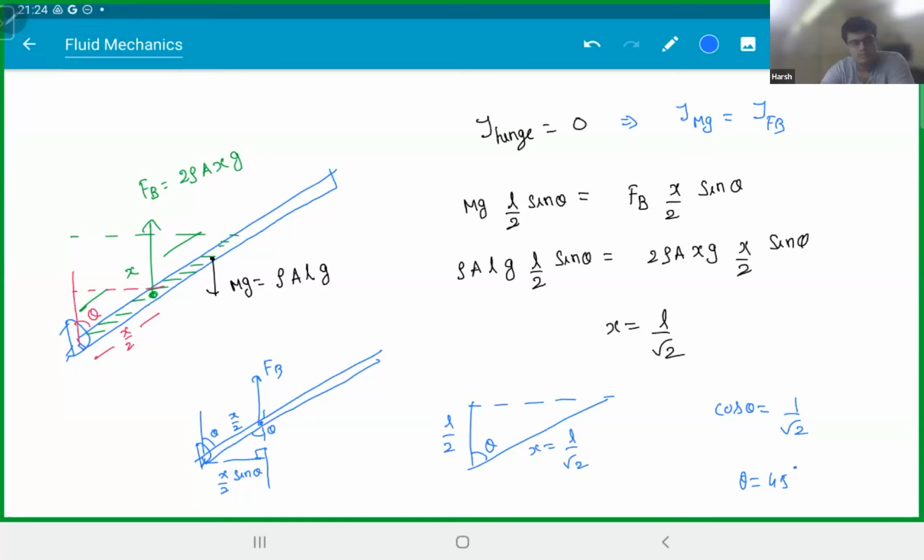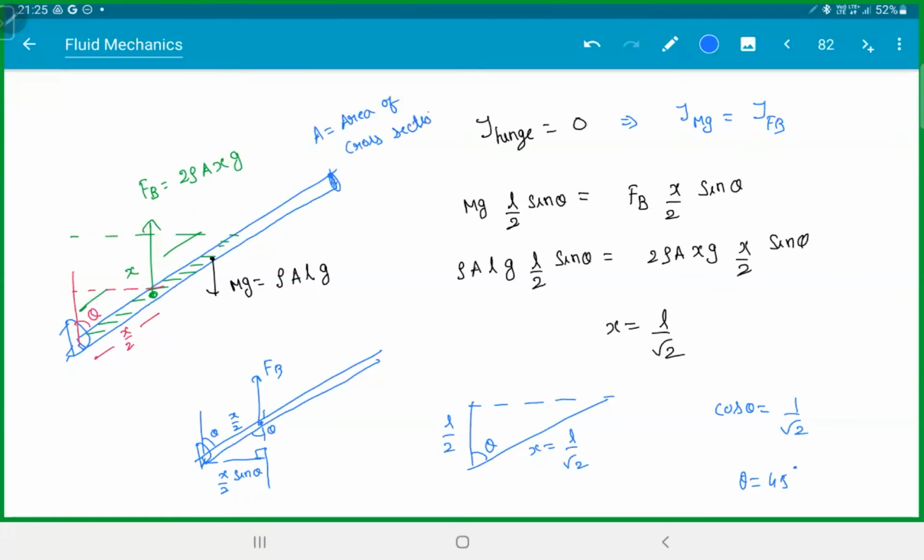Clear with this? Sir, one doubt. The buoyant force acts at the center of mass, right? At the center of mass of the displaced liquid, yeah. So what area did you take? I took A as the area of cross section. A is the area of cross section of the rod. That cancels out anyway. Confused? Yes, sir, a little bit.